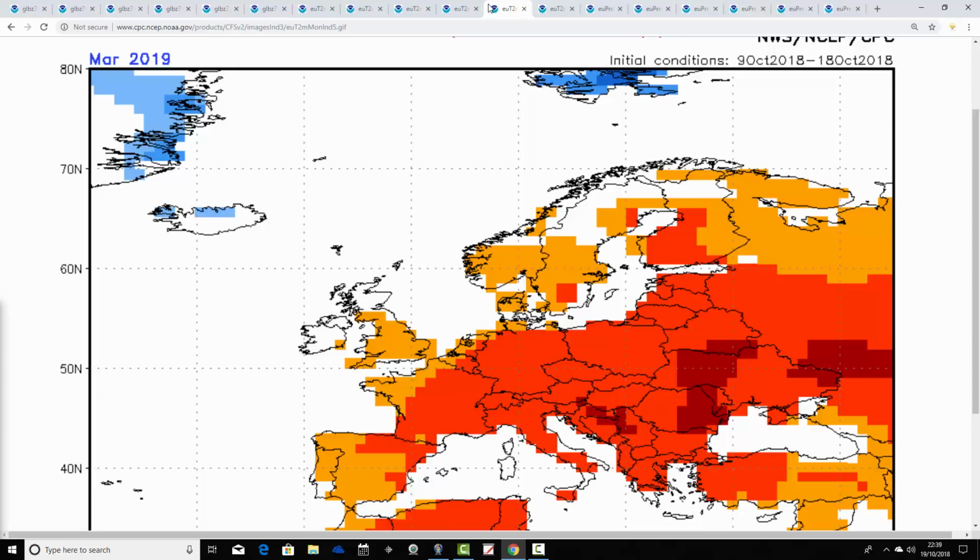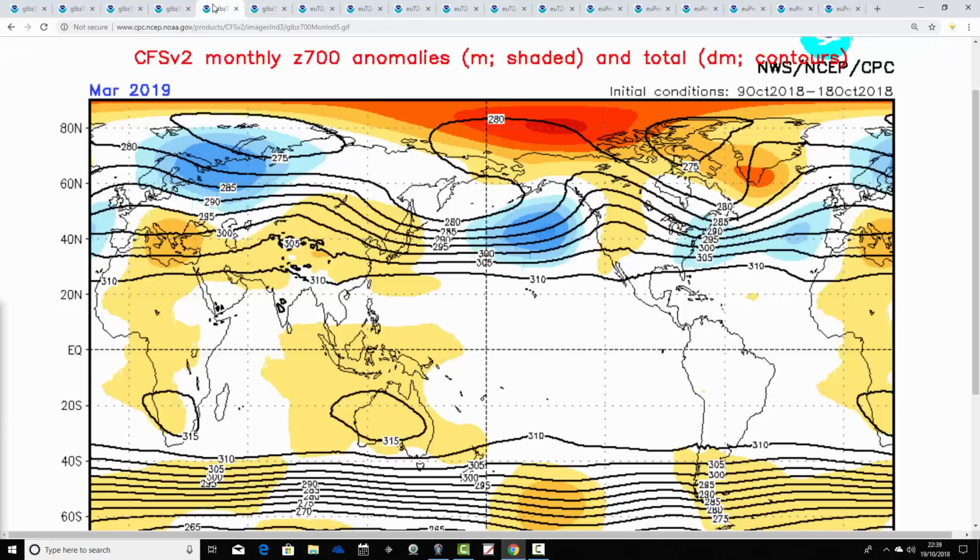This is March. We're at month number 5 now, so we're in the realm of just for fun, but it's still managing to go for exceptionally mild temperatures across most parts of Europe, and quite how that goes along with this 500 millibar height anomaly for March, I'm really not sure how all parts of Europe are coming out warmer than average with a ridge over Greenland.